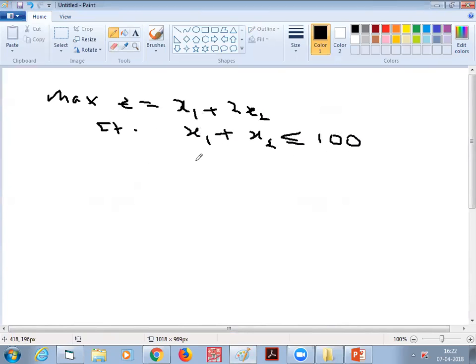And let's have something like 2x1 plus x2 greater than or equal to, say, 40.